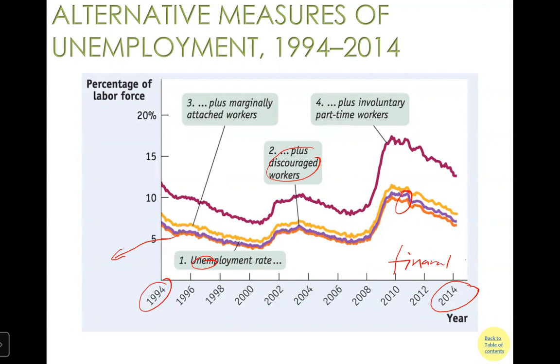We know the crisis or the recession was very deep, so more and more people lose their patience or just give up, lose their hope, right? Now, next, we add marginally attached workers. So you can see things getting further worse. Finally, if we consider involuntary part-time workers, you can see the huge gap, right?